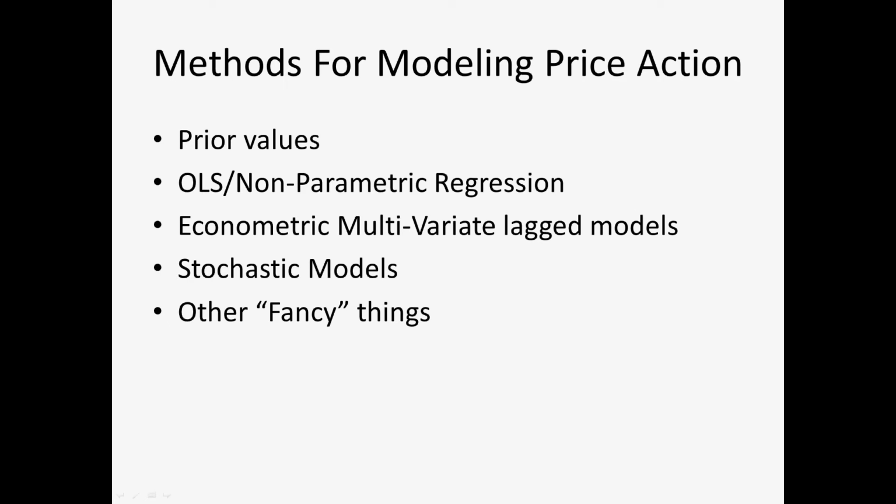It's pretty simple. You move into ordinary least squares regression or non-parametric regression. You can use multivariate models where you create various factors or variables that are used as predictors and weighted by a coefficient to model price. You can use stochastic models, other fancy things, as I've called them.